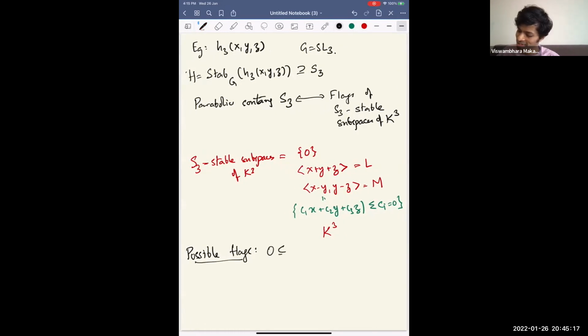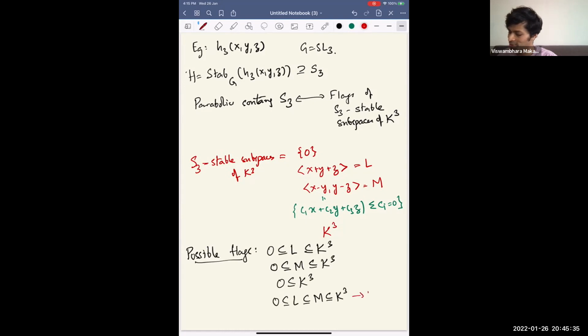It's going to be 0 sitting inside L sitting inside K3, or 0 sitting inside M sitting inside K3, or just 0 sitting inside K3, or 0 sitting inside L sitting inside M sitting inside K3. But I want to point out this last one is only possible in characteristic 3, which I'll ignore for the moment. You just have to check that L is actually not a subspace of M unless you're in characteristic 3.